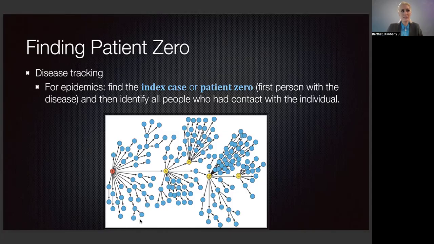Initially, they had traced it down to a flight steward who they thought had transmitted the disease globally. This flight steward was actually named and vilified for this, and they found out they were actually wrong in the end, that this was not the correct patient 0 for HIV. Now we have better techniques with epidemiology to track down our index cases and understand the chain of infection.